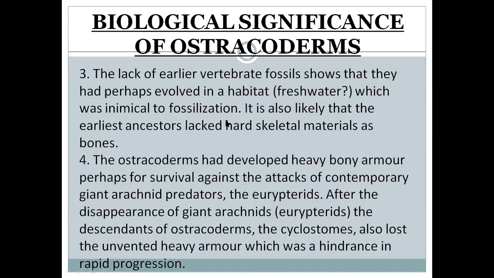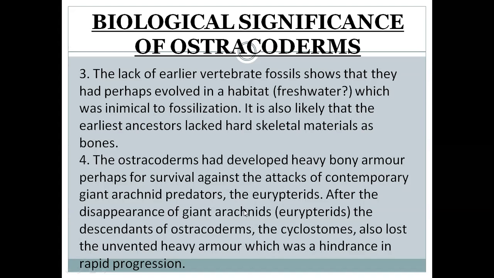It is also likely that the earliest ancestors lacked hard skeletal materials such as bones. As they may not have had hard skeletal materials, we are not getting many skeletons of them. The ostracoderms had developed heavy bony armor perhaps to survive the attacks of the eurypterid predators of those times.